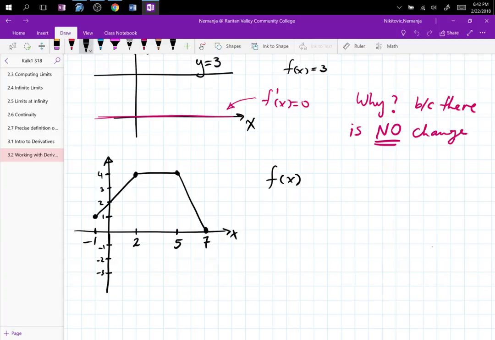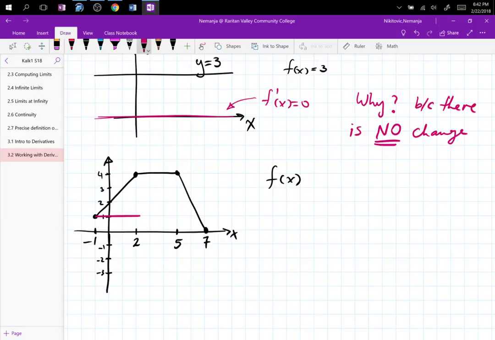What is the slope of the first line segment? 1. It's 1 unit up for 1 unit across. Do we all know that the slope is rise over run from algebra? Rise, up, run, forward. So you go 1 unit up, 1 across, 1 divided by 1 is 1. So the slope is 1.